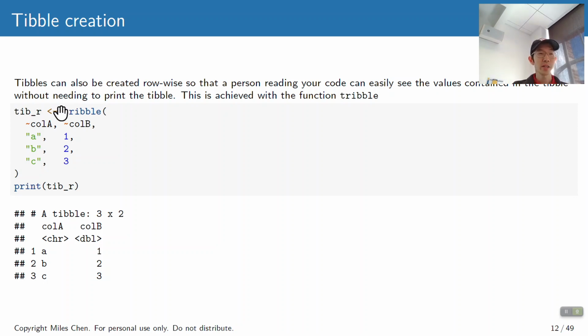So here, if you just want to type out your values, you can say column A has, and then column B, and then each new line here corresponds to a row. This is just formatted to be easy on the eyes, but technically this is just a sequence of values. But the tibble will create this accordingly as well.